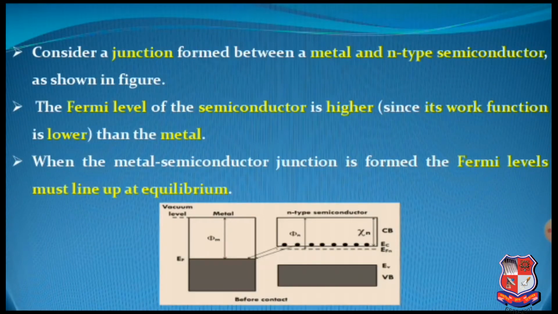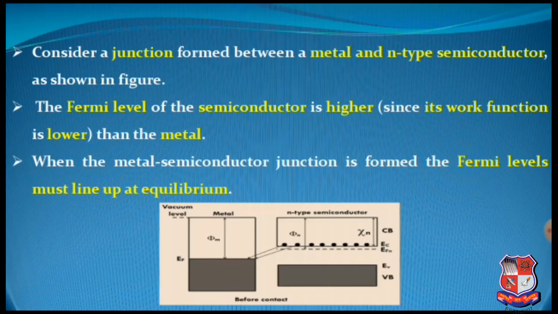Consider a junction formed between a metal and n-type semiconductor. As we all know, the two types of semiconductors available are n-type and p-type semiconductor. First of all, we will consider the contact between the conductor and the semiconductor with electrons as a majority charge carrier, that is the n-type.